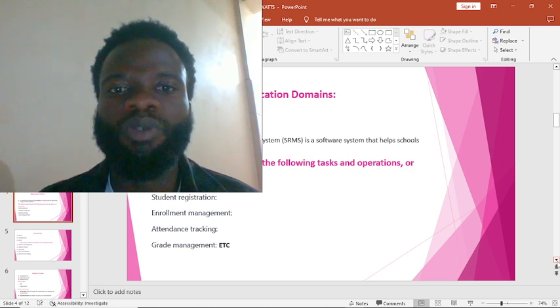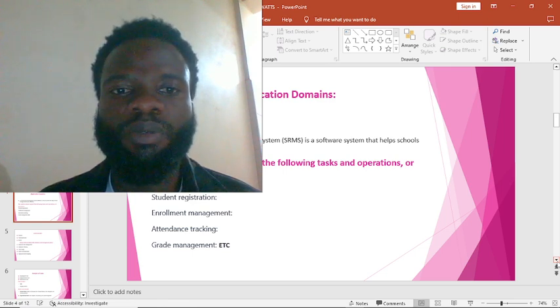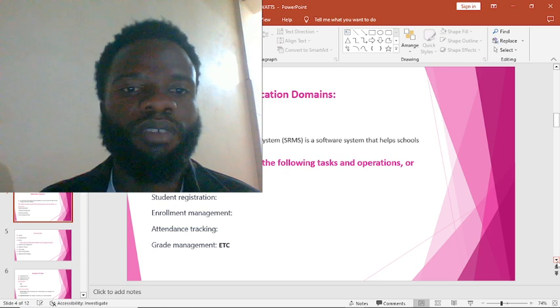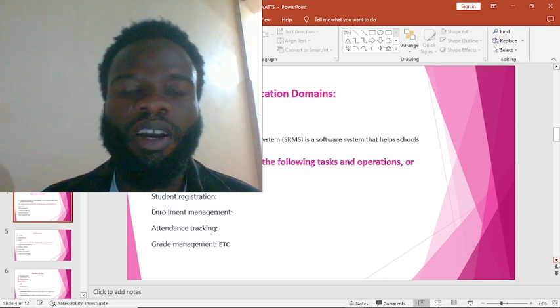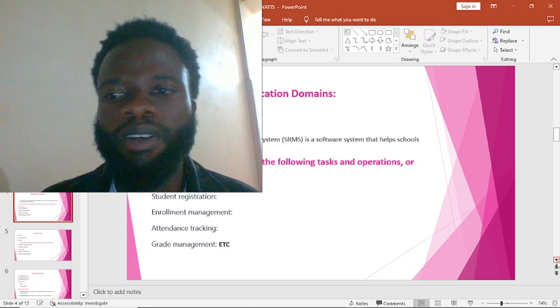The system should support the following processes: students registration, enrollment management, attendance tracking, and grade management. That is giving students like at universities their CGPA, among others.